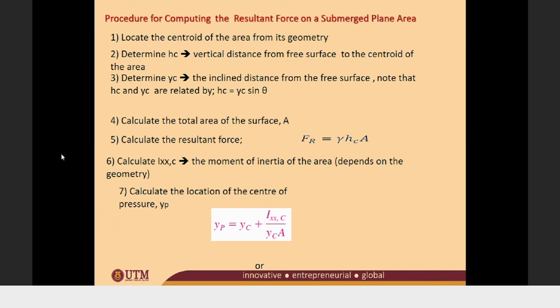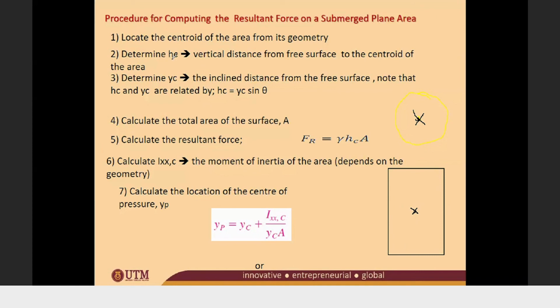So let's say your door is like this, the submerged surface is like this, so the centroid must be here. So locate the centroid of the geometry.